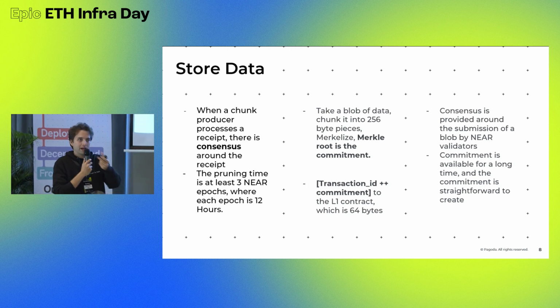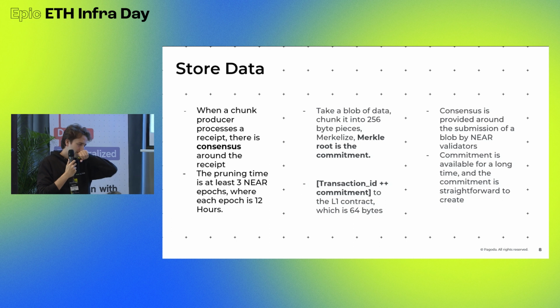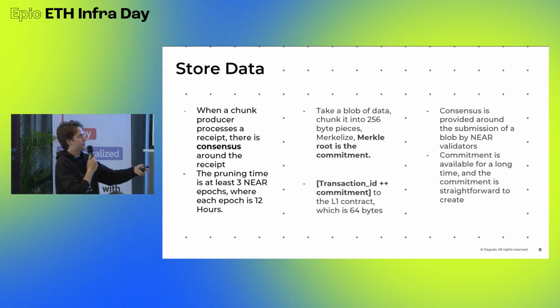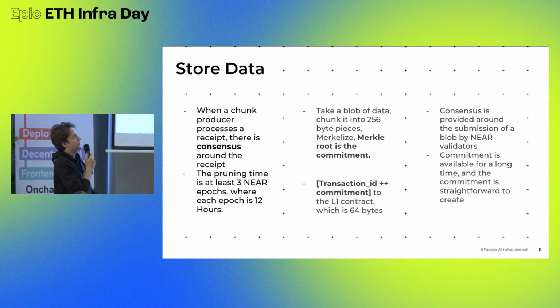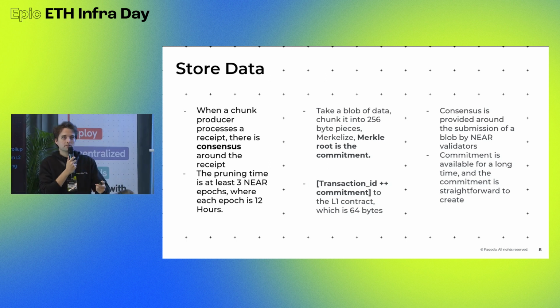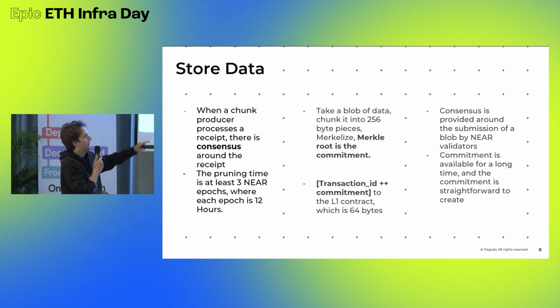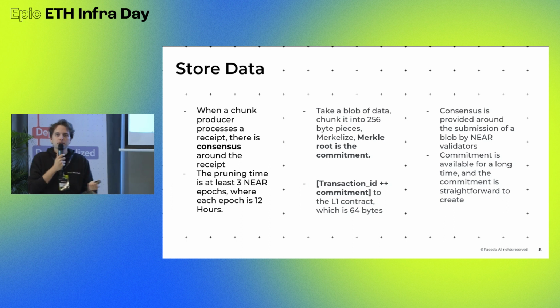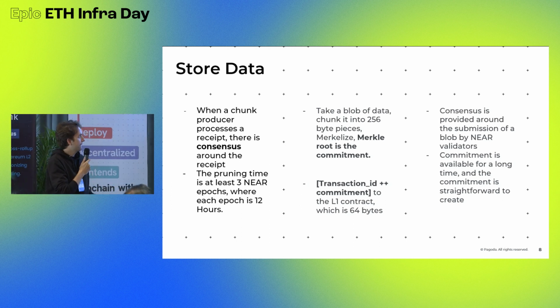And then we push the actual blob data directly to NEAR protocol. So the consensus is provided around submission of a blob by NEAR validators, and the commitment is available for a long time, depends how long you want, actually. And the commitment is very straightforward to understand. It's just a Merkle root.